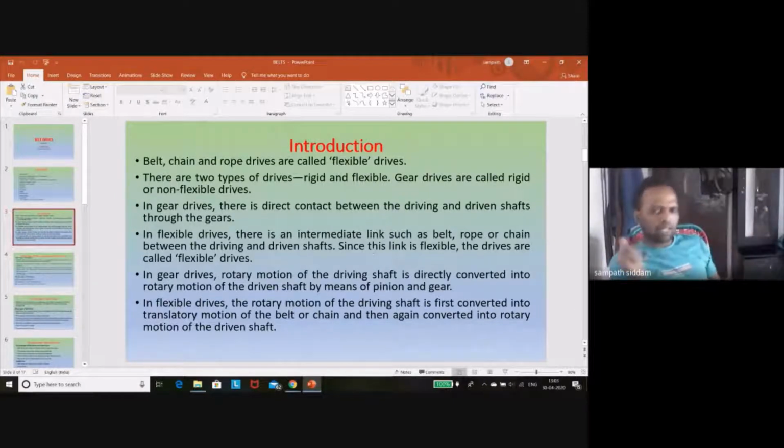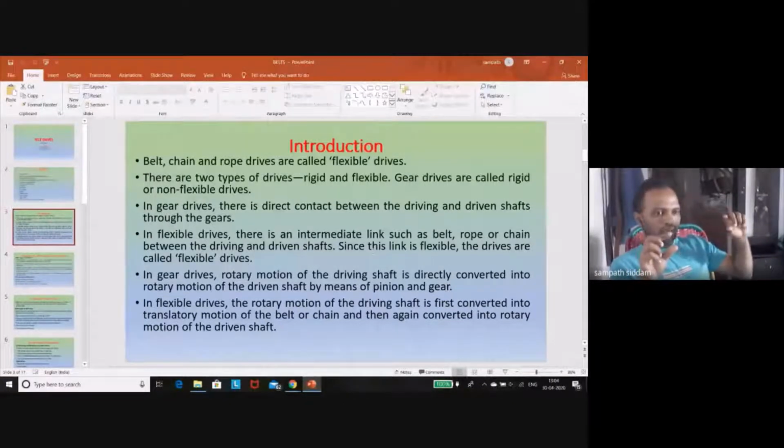In the case of your flexible drives, the rotary motion of your driving shaft is first converted into translatory motion of your belt or chain, and then again converted into rotary motion of the driven shaft. So here you have one end, the belt which has been fixed. Here you have a shaft, you have another shaft over here. In between there is a connection of your belt. So in between the belt there are intermediate points.